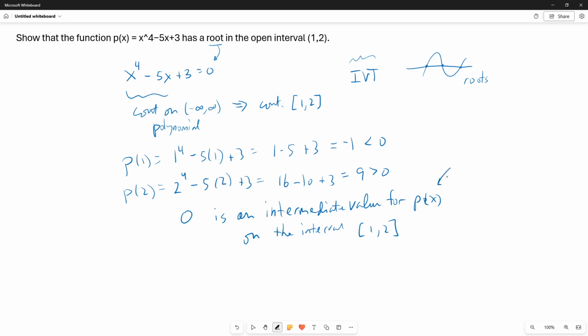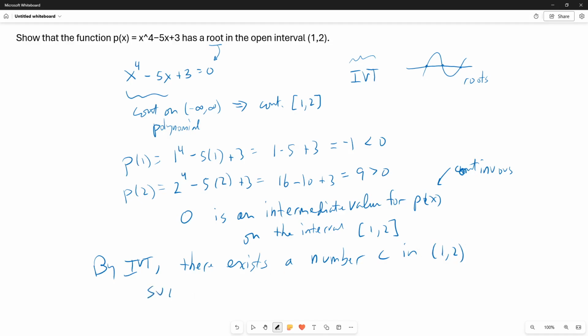And since p of x was continuous on that interval, we can conclude by the intermediate value theorem that there exists a number c in the interval from 1 to 2, between 1 and 2, such that p of c will be equal to 0.